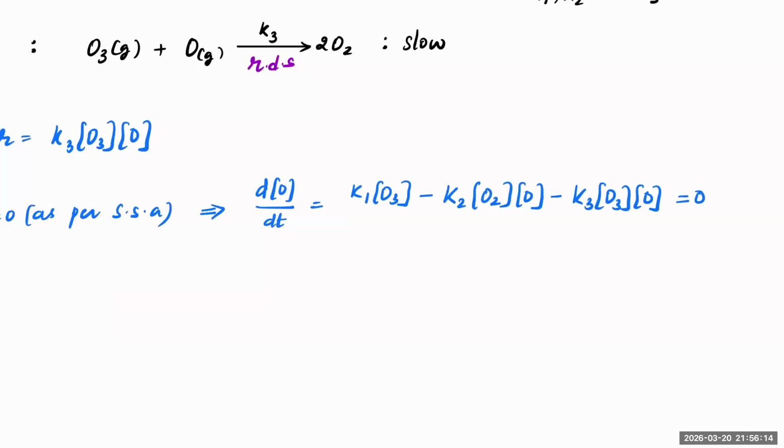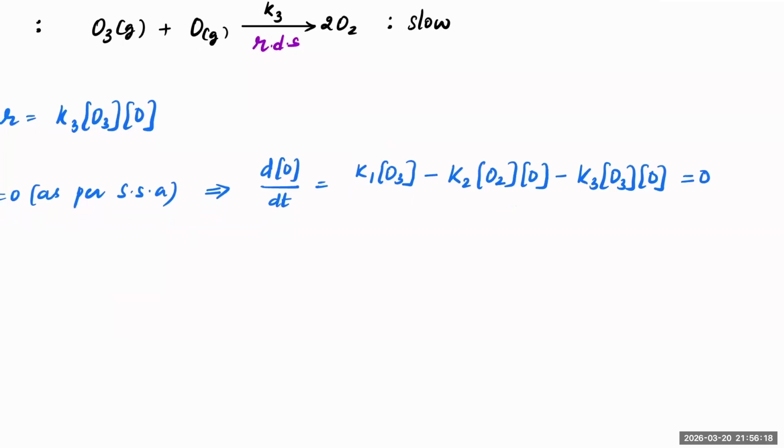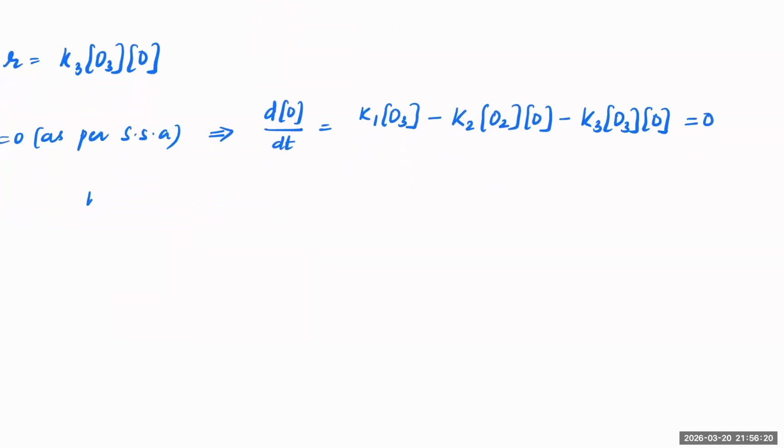So K1 into O3 is equal to K2 into O2 minus K3 into O3, this whole multiplied by nascent oxygen.